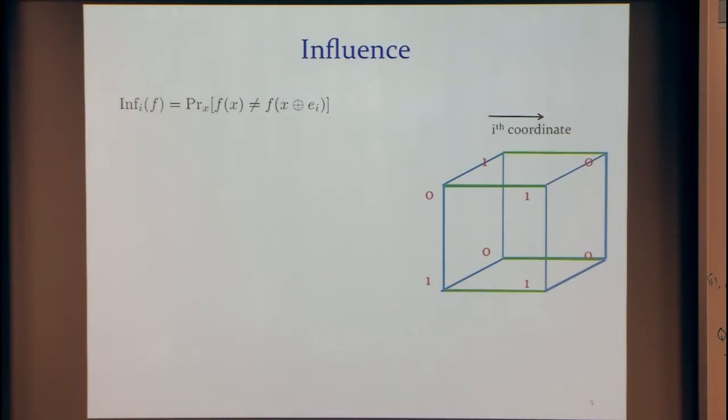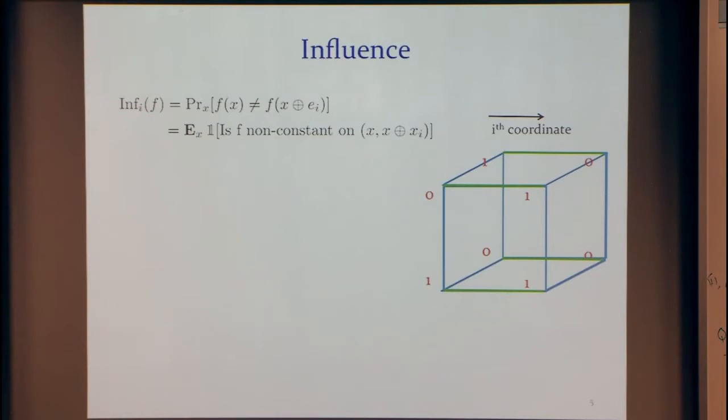So you just focus on edges that go along the ith coordinate, the edges highlighted in green here, and I'll rewrite it: you pick a random x, you look at the edge x and x with the ith bit flipped, and what's the probability that the function is non-constant over this edge? I've not done anything, I've just rephrased.